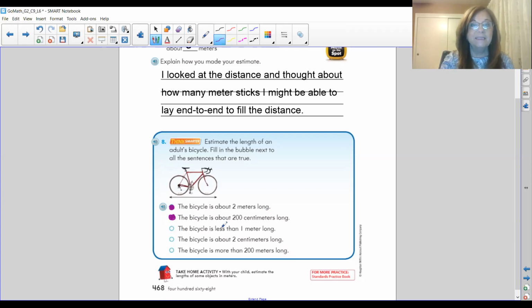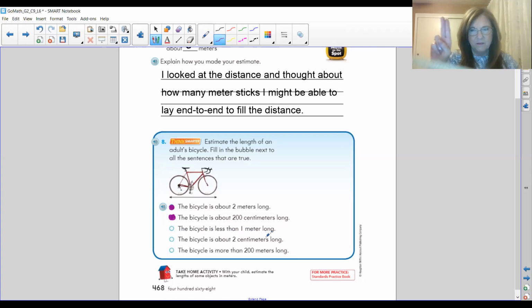Okay, the bicycle is less than 1 meter long. Okay, so an adult bicycle, I don't think it's less than this. So let's not bubble that in. The bicycle is about 2 centimeters long. Do you remember what a centimeter is? About the width of your finger.